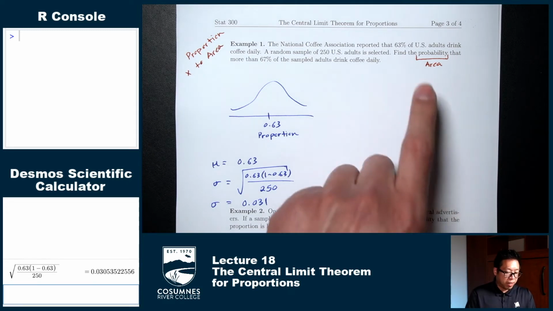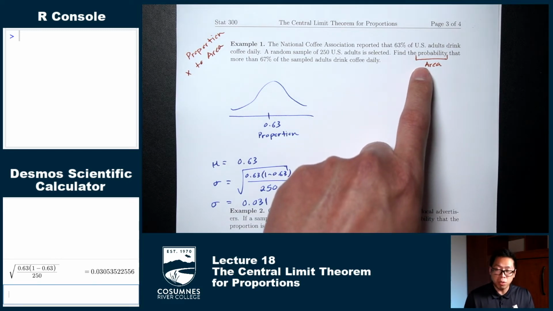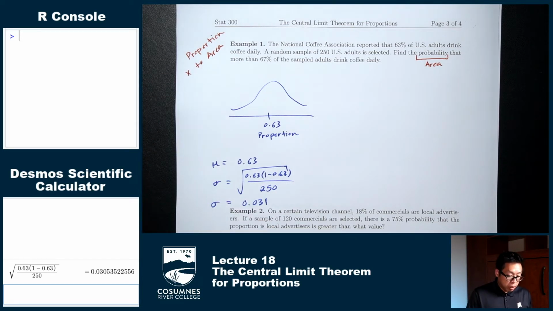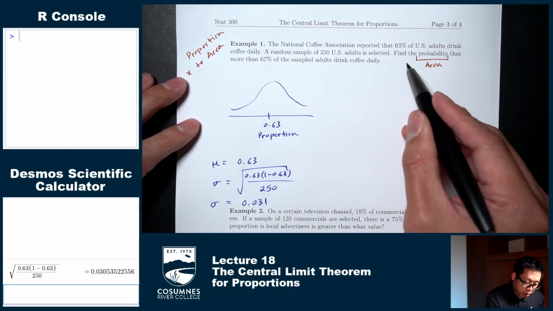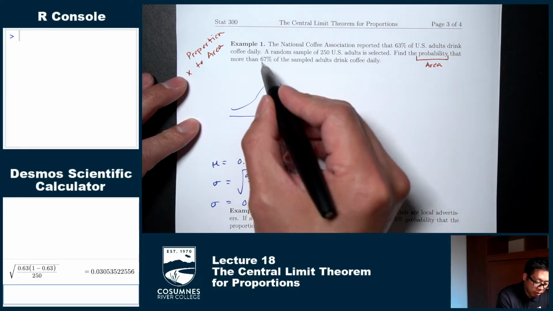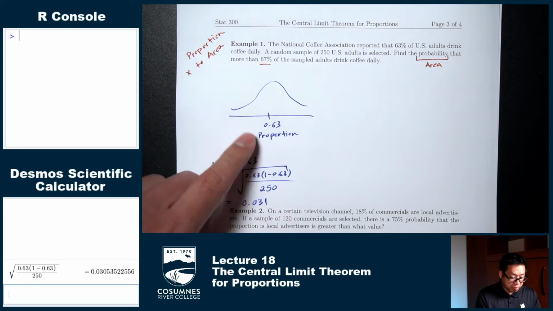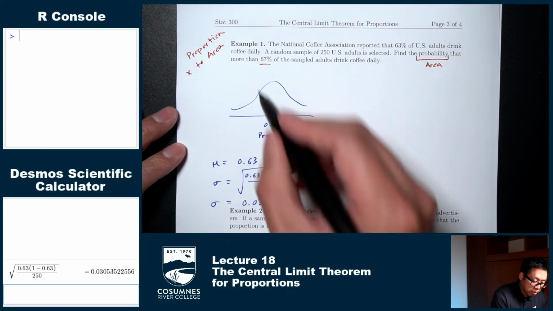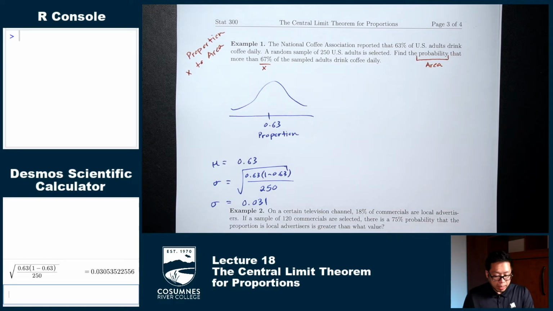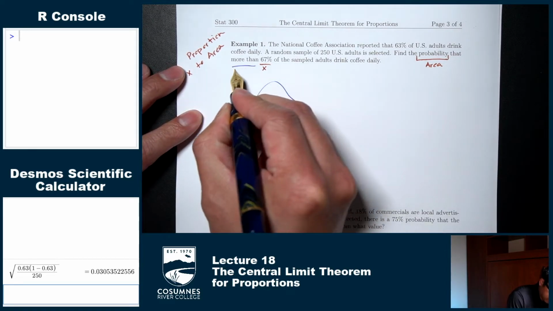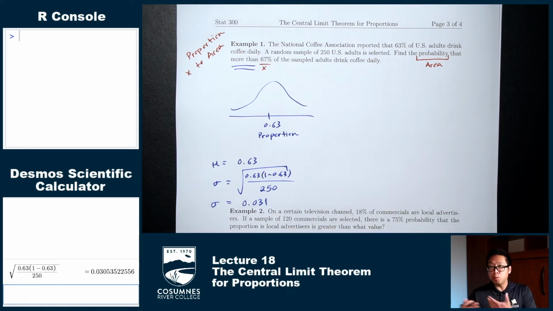Okay, so if it says find a probability, find a percent, find a proportion, those are all going to be X to area. So then the next question is, shaded left, right, or shaded between. So the rest of the question here, find a probability that more than 67%, okay, 67%, that's a proportion that goes on the x-axis. So that's our x. And then I see the words more than. Okay, more than would be to the right.